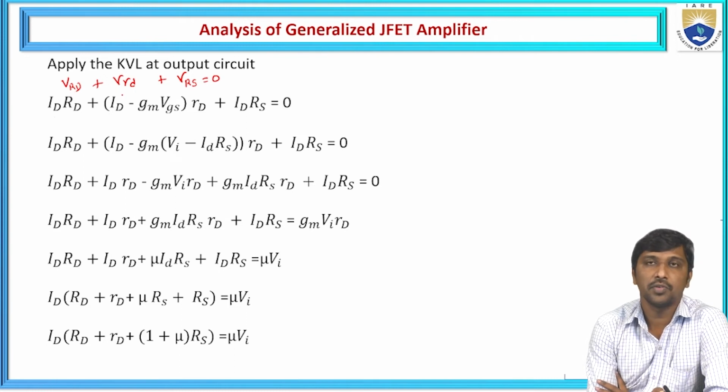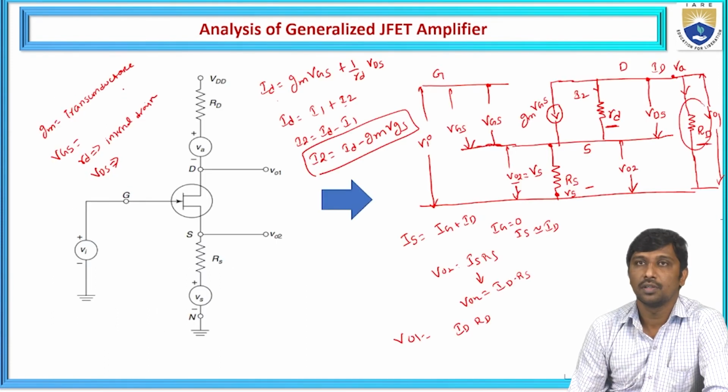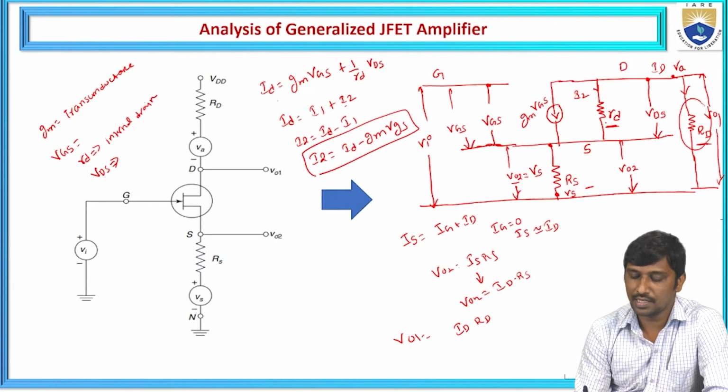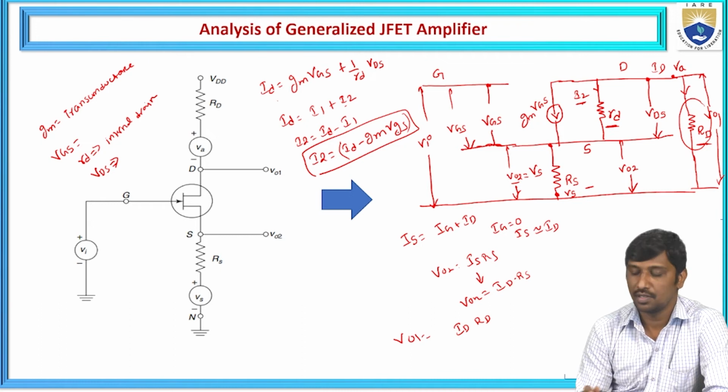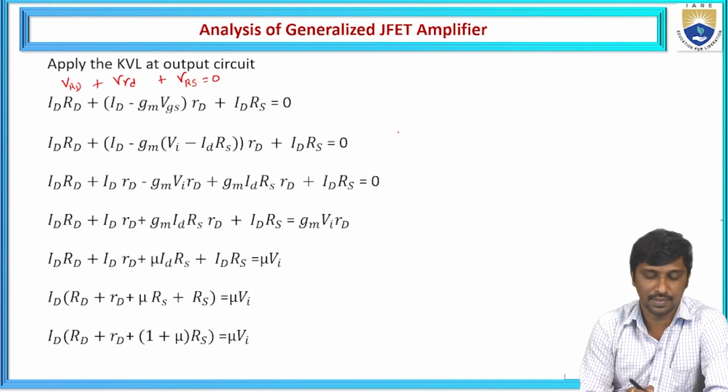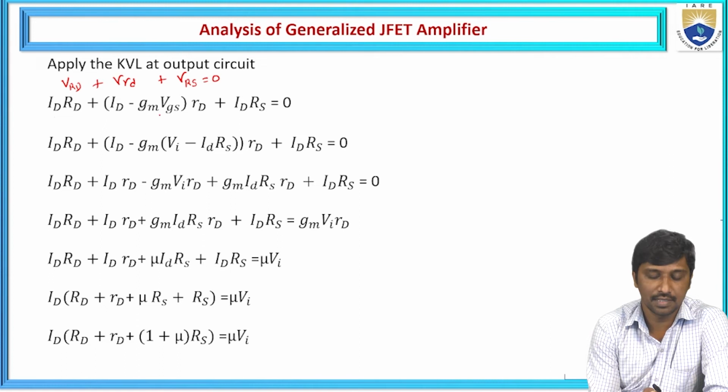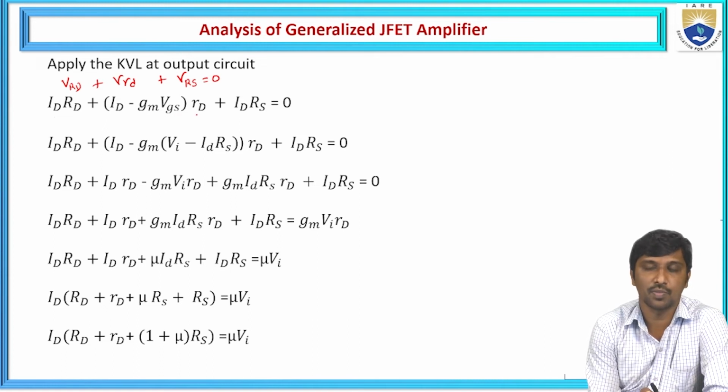Similarly, we need to write the voltage drop across small rd. Just now we observed the voltage drop across small rd is I into rd. Which current flows? I2. What is the I2 current? ID minus gm times VGS. Hence it is represented as ID minus gm times VGS, times small rd.